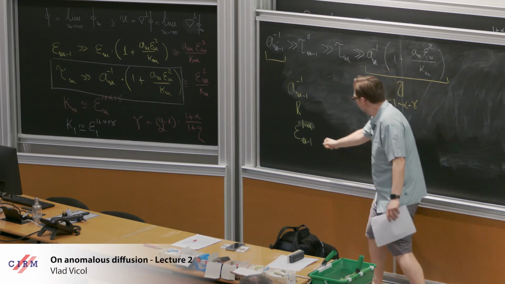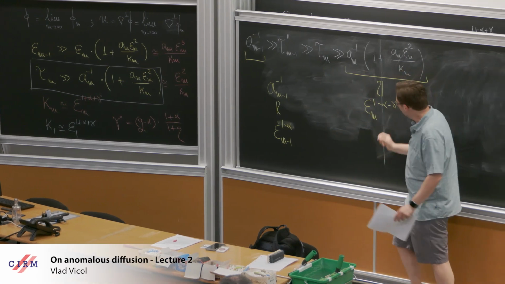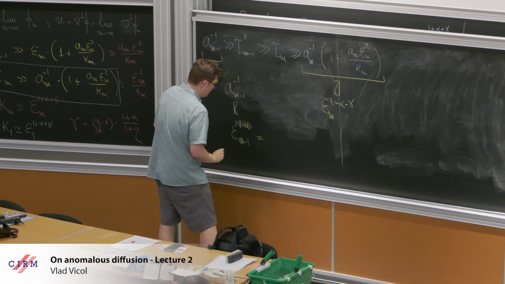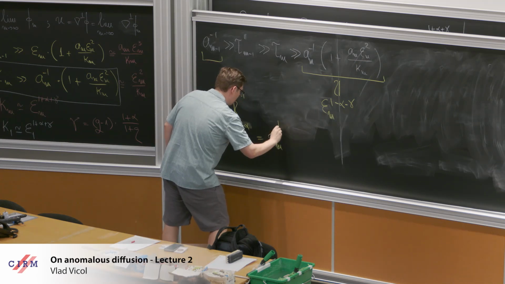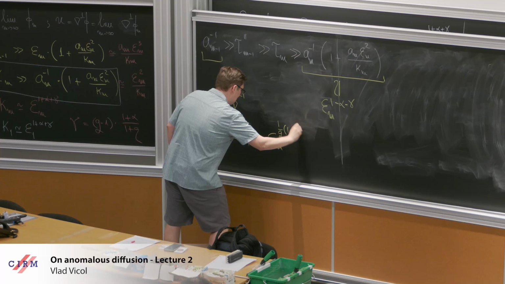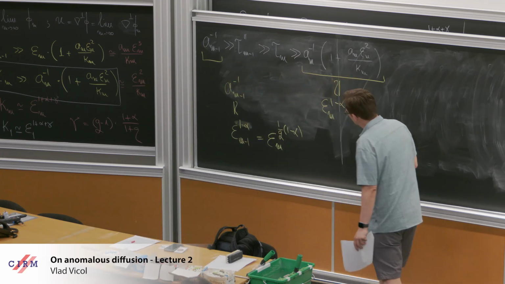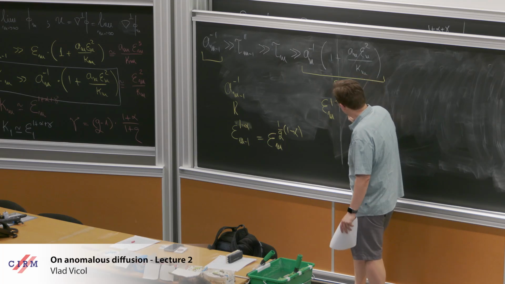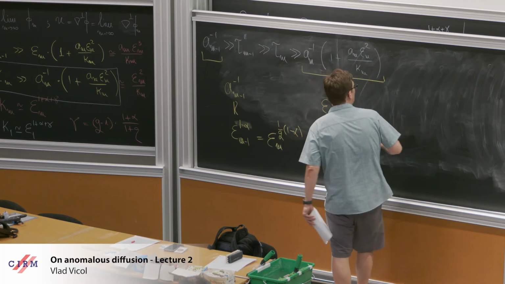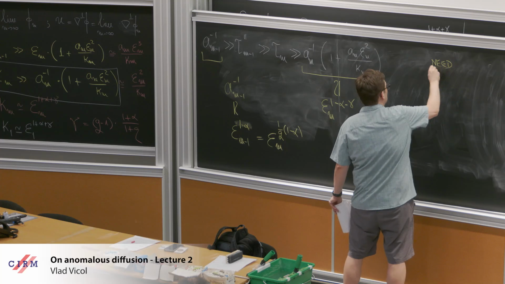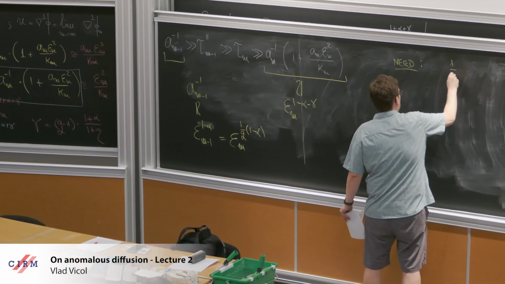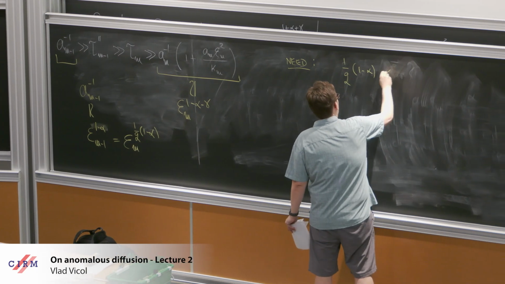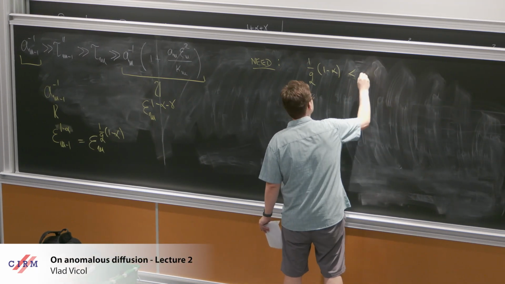So is this much larger than this? Well, let's put them in the same denominator. This is, and so the condition, these are small numbers, so this is bigger than this number if this exponent is bigger than that exponent. So need, well, strictly less.